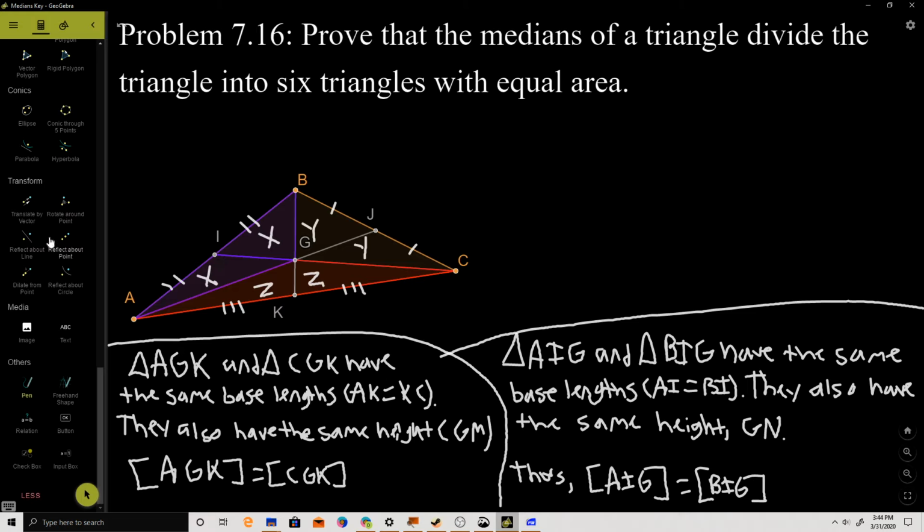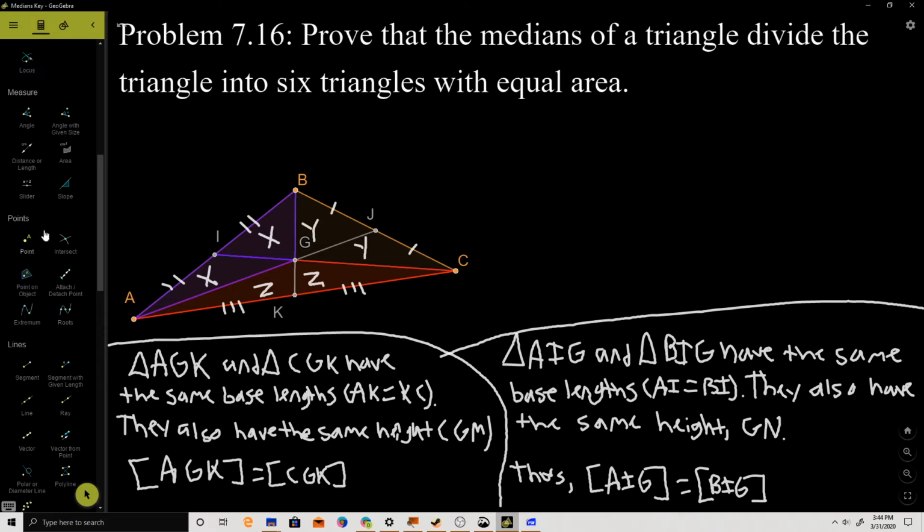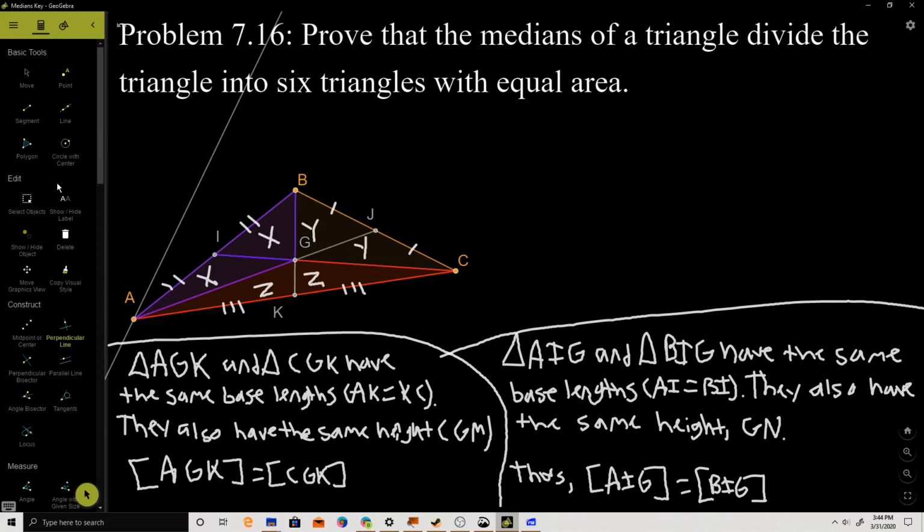So if I took my perpendicular line tool, because the perpendicular line at the vertex gives me the height, and I say I want the perpendicular line from A to BC. Well, whoa, it's all the way over there. But maybe if I just extend BC a little bit, there we go.